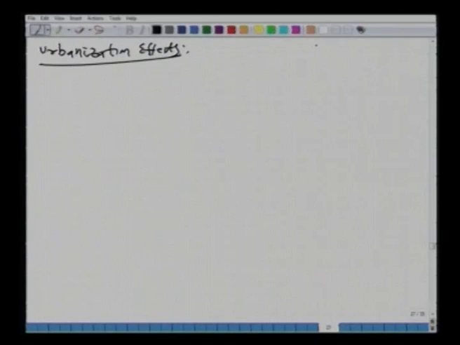So, what we want to just look at very briefly is what will be the impact of the urbanization on the shape and the magnitude of your runoff hydrograph. Okay. So, if you look here, let us say that this is your shape of the runoff hydrograph before urbanization or the before conditions.